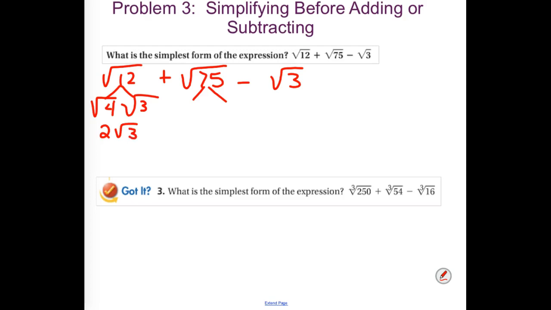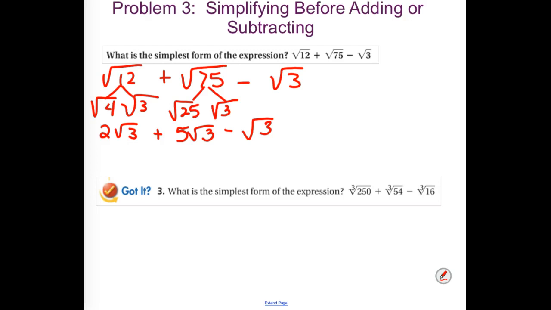Okay? What can we do with a 75? All right. So we end up with 5 root 3. Now if you look at what you have, 2 root 3 plus 5 root 3 minus 1 root 3. Can we put those together? Yes, because now they do match.